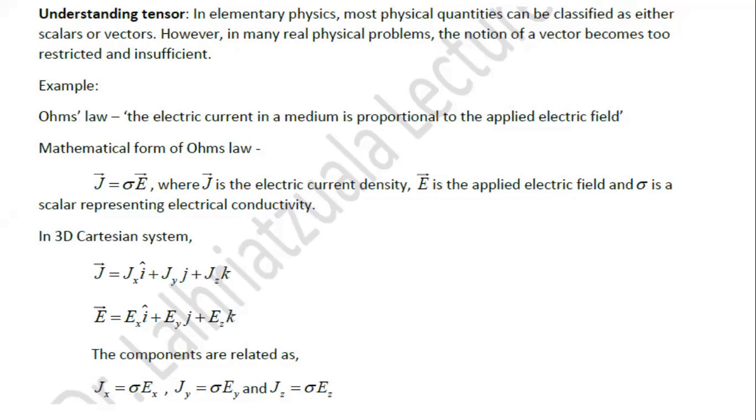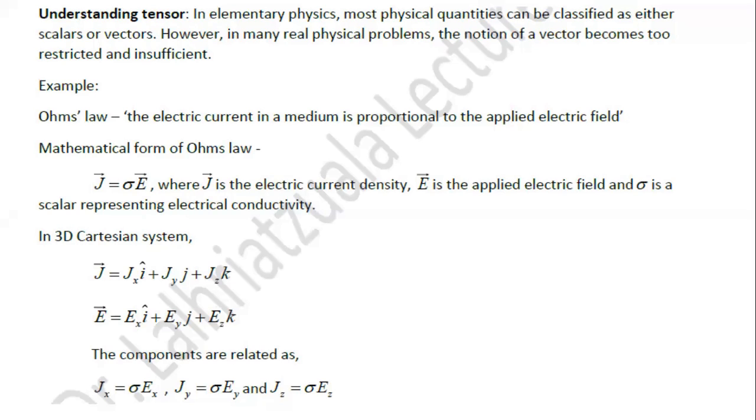And we also have vector quantities like velocity or force, because whenever you are talking about force, you have to consider the direction of application of force. So certain physical quantities will have their direction, while other physical quantities may not have any direction. So they are scalars and vectors.